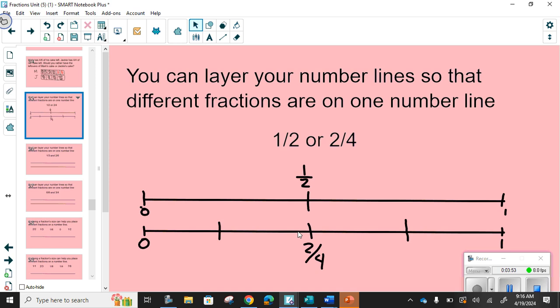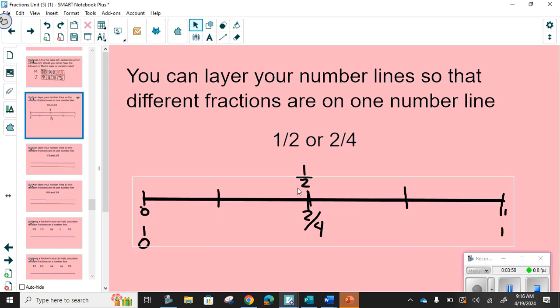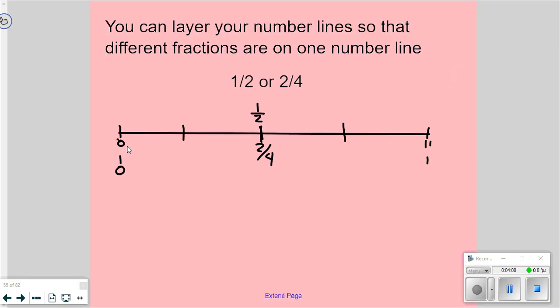I know you can't move yours, but I'm going to move my number line right on top. You see how I did that? So now, on your new number line, you're going to label 1/4, 2/4, and 1/2. Remember to stack them, because when things are stacked, that shows that they're equal. And 3/4.